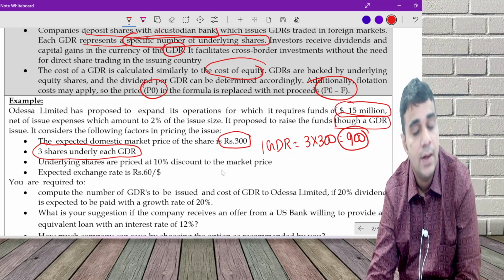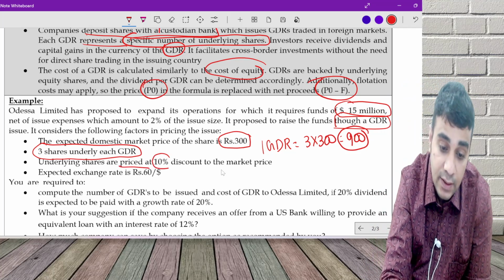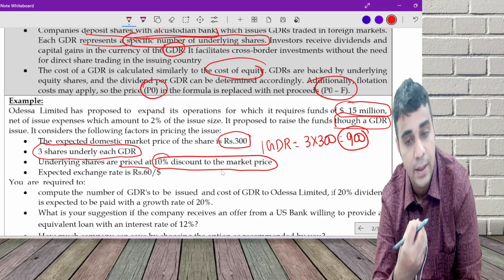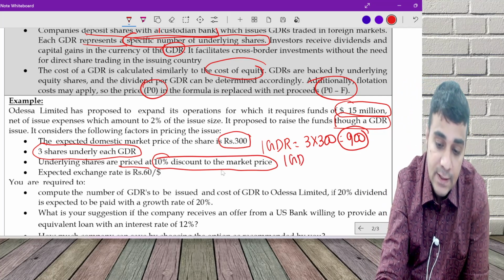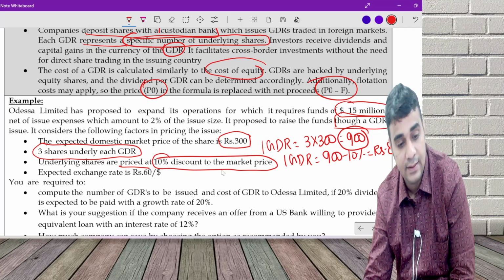Then they're saying the underlying shares are priced at a 10% discount. Why a 10% discount? To make it attractive. So one GDR is now 900 minus 10%, which is 810 rupees.